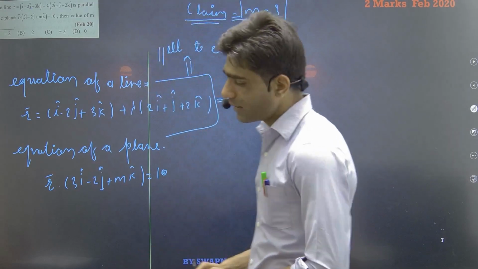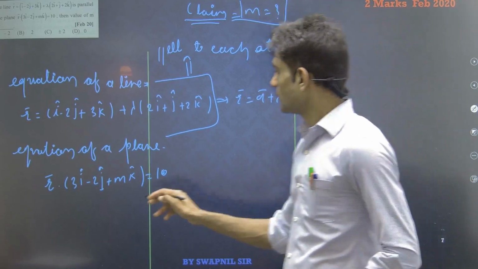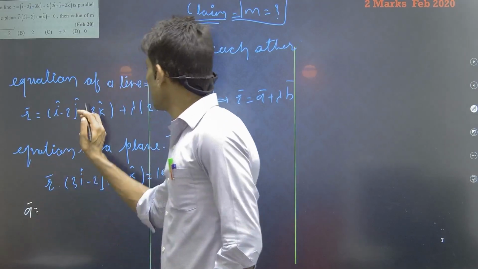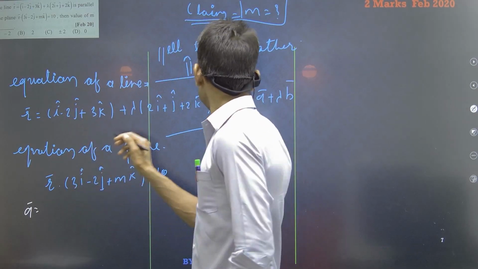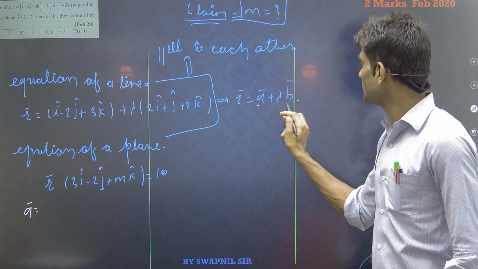Now write down separately the values for a bar and b bar. By using the equation of the line, we write a bar as i minus 2j plus 3k, because I'm comparing this with a bar plus lambda times b bar.